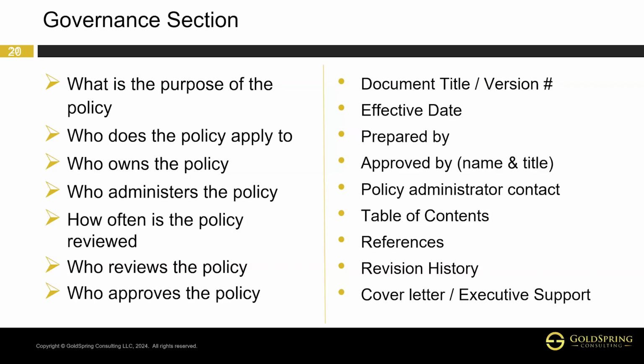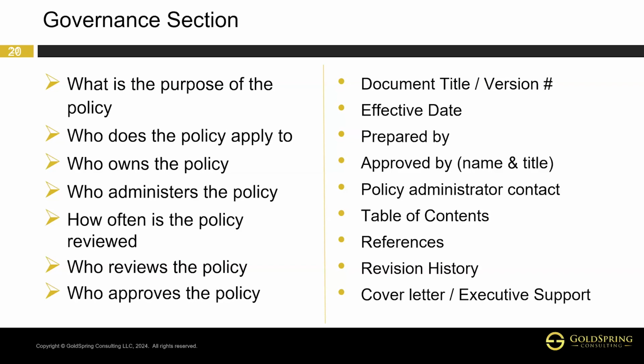But also in the governance section, the first few paragraphs of the document normally are outlining a few key things about the policy. What is the purpose of the policy? Well, we've just spent 30 minutes covering the purpose of the policy, right? Because it's the same as the purpose of the program. So you outline your strategy drivers. Probably in most cases, all 6 should go in there, right?